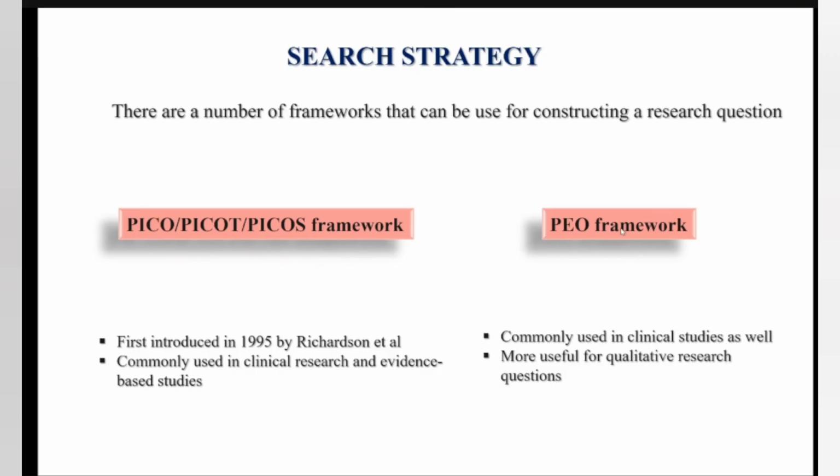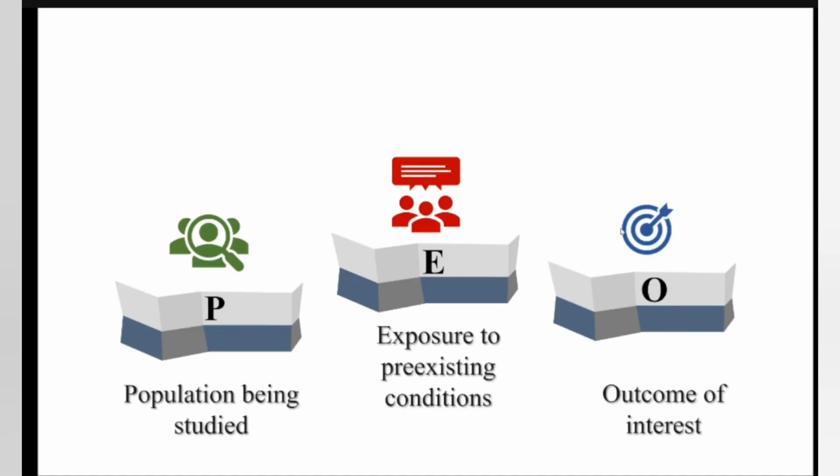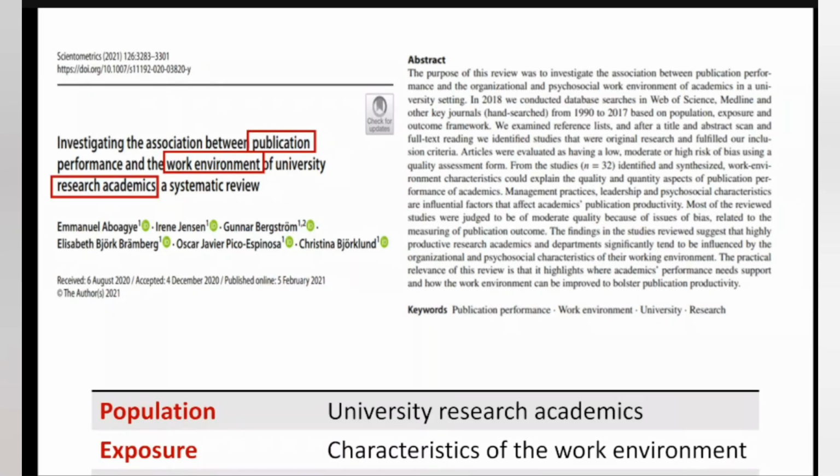Population being studied, exposure to the pre-existing condition, and outcome of interest. I will give you a simple example of PEO. We want to investigate the association between publication performance and work environment of university research academics.